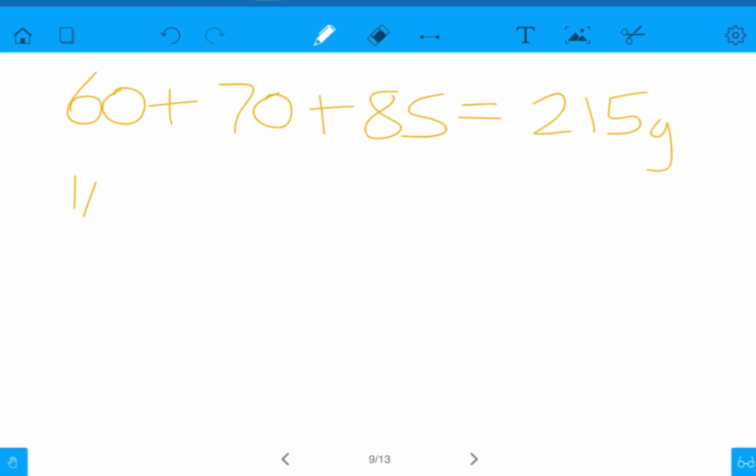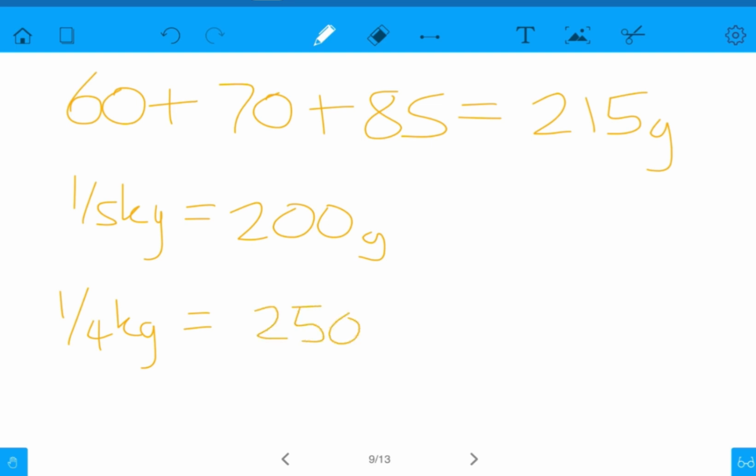The total mass will be 60 plus 70 plus 85, 215 grams. A fifth of a kilogram is 200 grams, and a quarter of a kilogram is 250 grams.